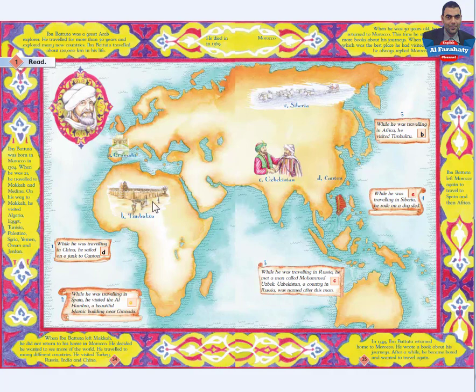Picture A. 3. While he was travelling in Russia, he met a man called Muhammad Uzbek. Uzbekistan, a country in Russia, was named after this man. Picture C.